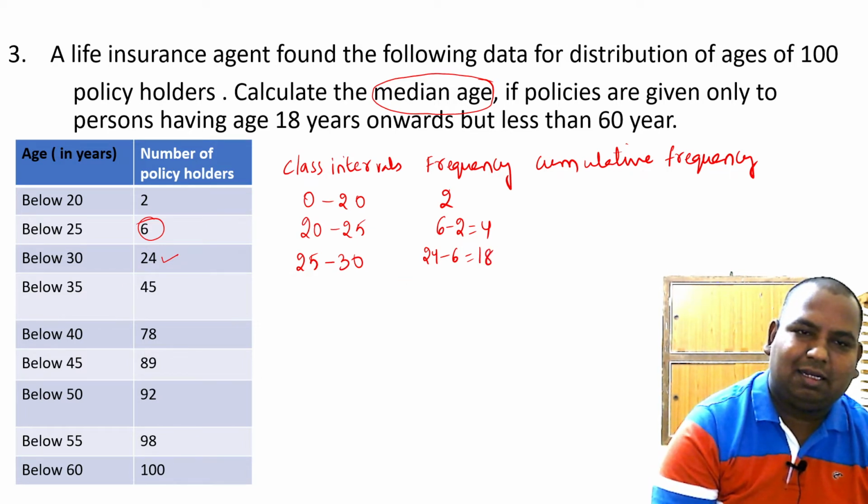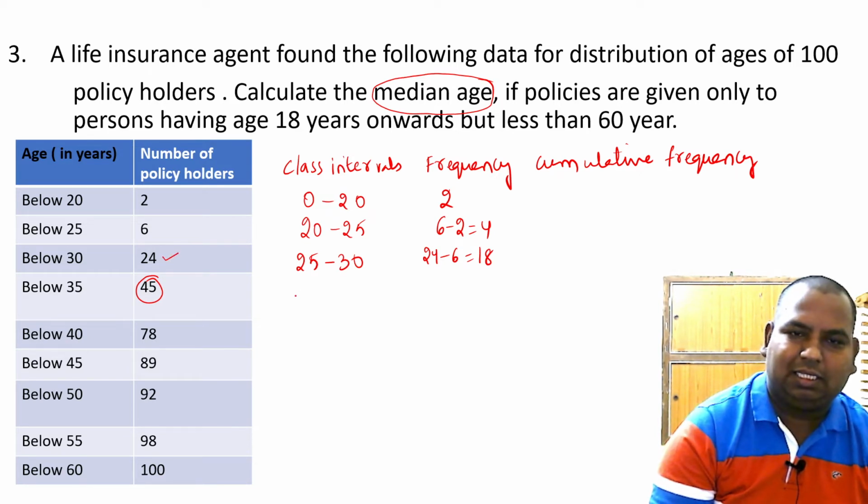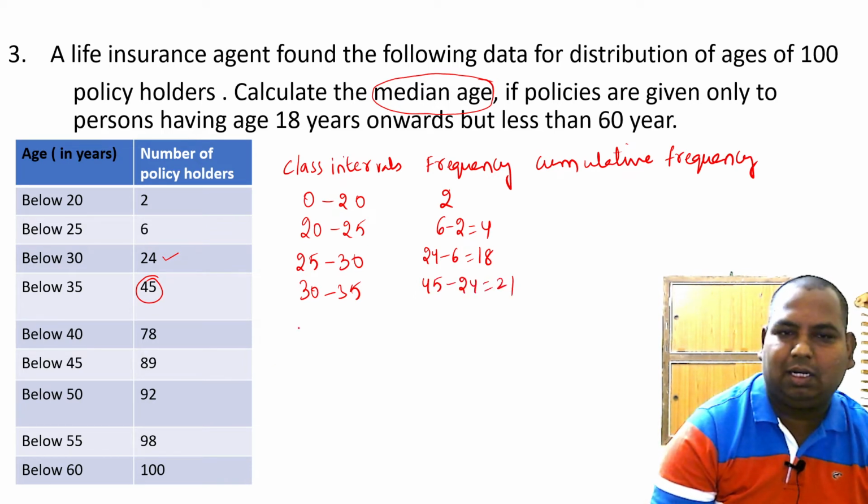Next, there are 45 people whose age is below 35, and 24 people whose age is below 30. Then how many people are in between 30 and 35? That can be known if I do 45 minus 24, that is 21.